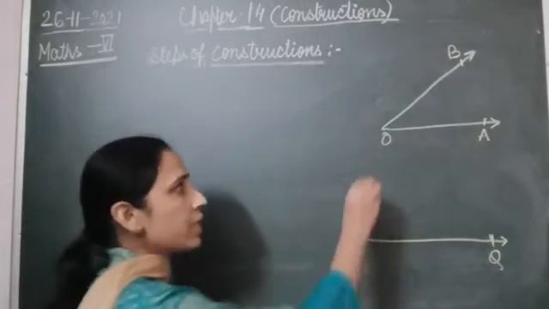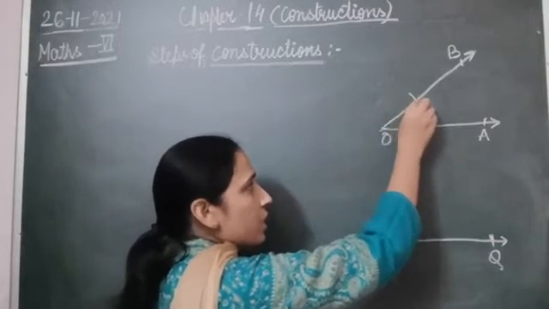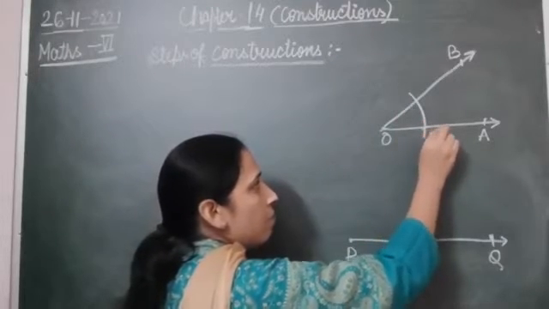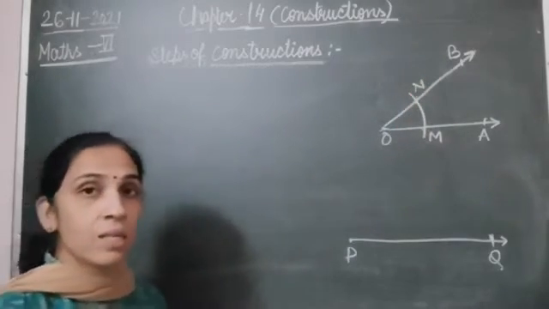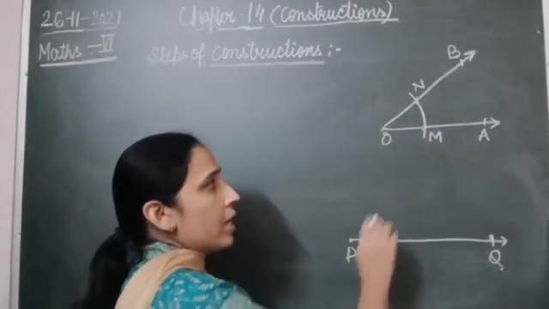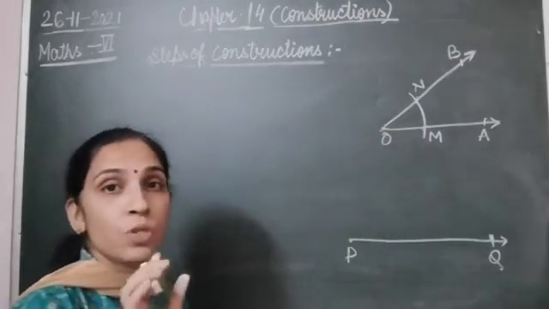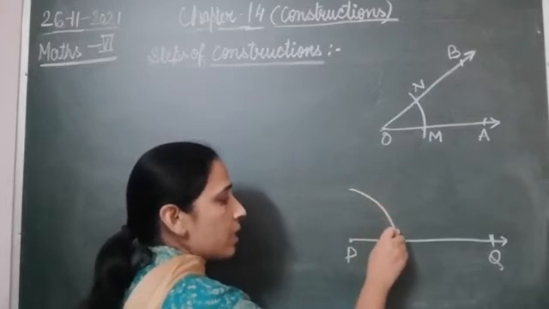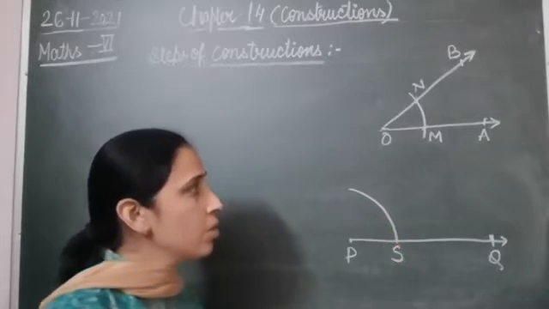After that, make an arc in the first given figure. Make an arc which is cutting both the line segments and name them M and N. With O as a center, make an arc which is cutting OB and OA at M and N. After that, the same radius which you have opened, you are going to take and make an arc in this figure also, which is meeting at S. Okay.